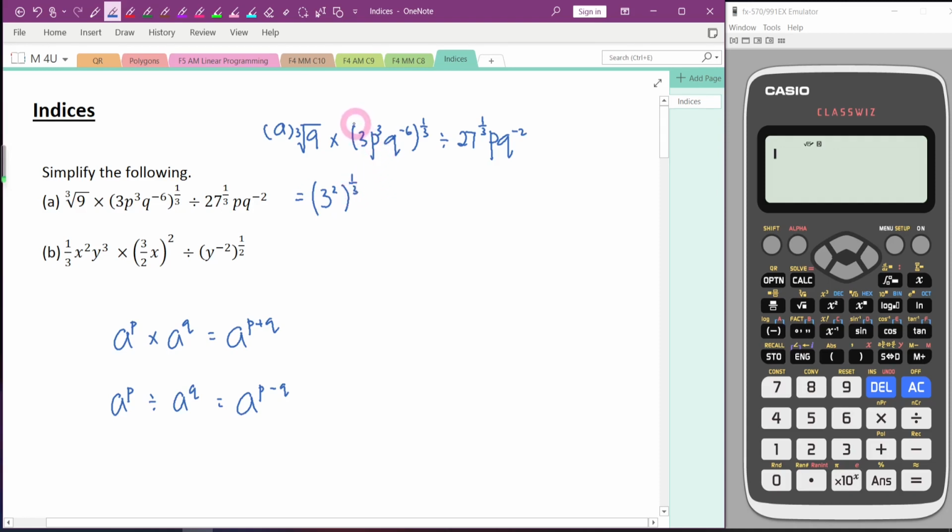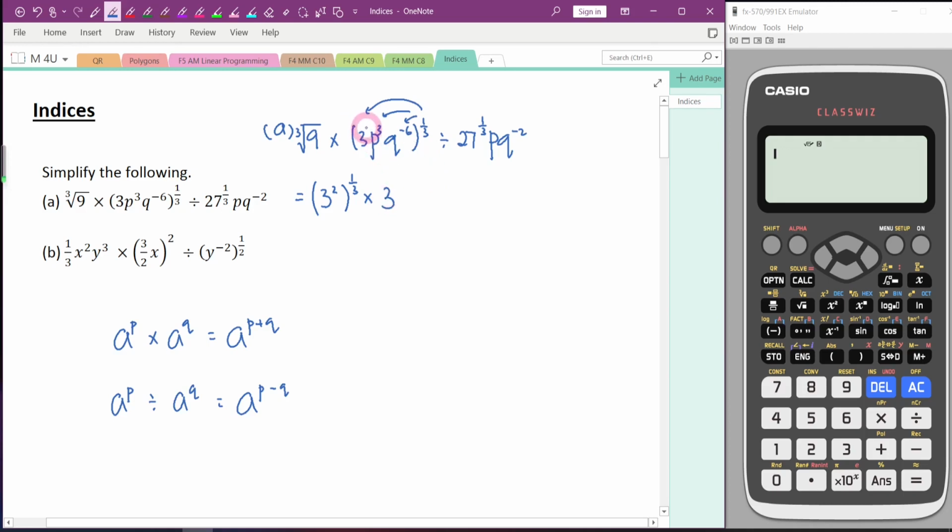Now, you see a parenthesis here. This means that every term here, so 3, p power 3, q power negative 6, all raised to the power of negative 3, is all raised to the power of 1 over 3. So I am going to bring the 1 over 3 inside here. If you worry that you will make a mistake, you can write this down.